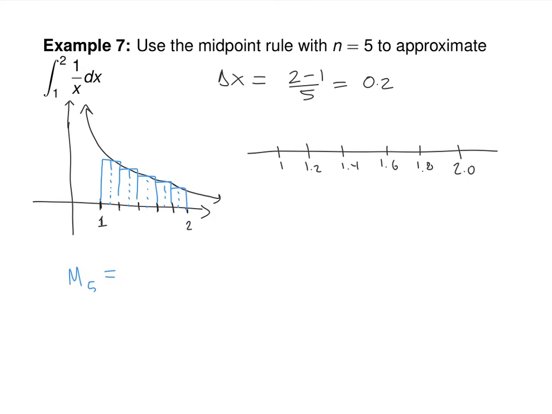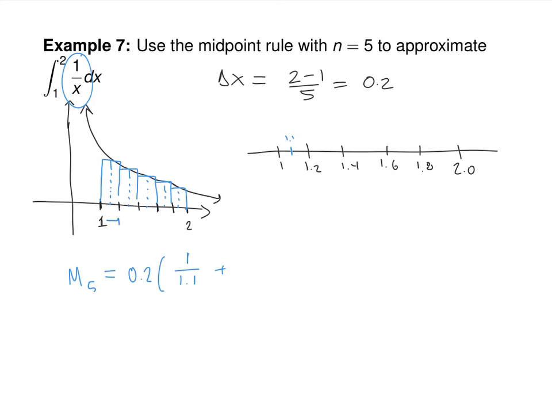So how wide is every single box? 0.2, right? Because from there to there is 0.2. So 0.2. And the first number that gets plugged in is 1.1. What does it get plugged into? 1 over. So it gets 1 over 1.1.